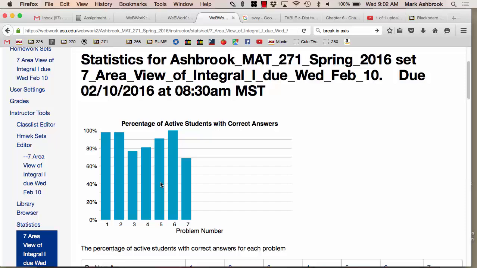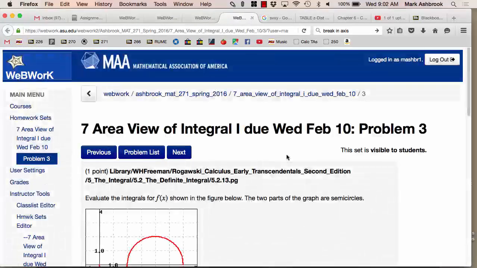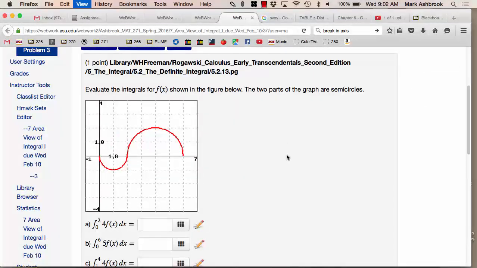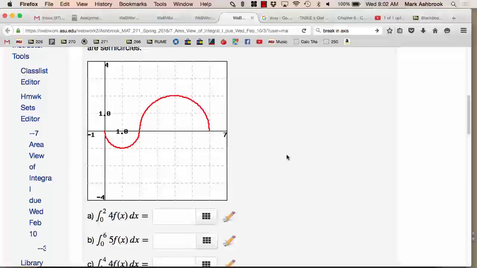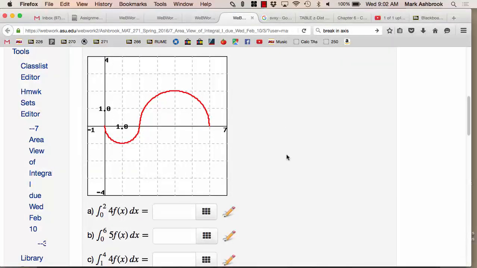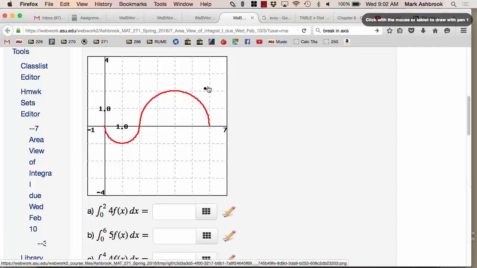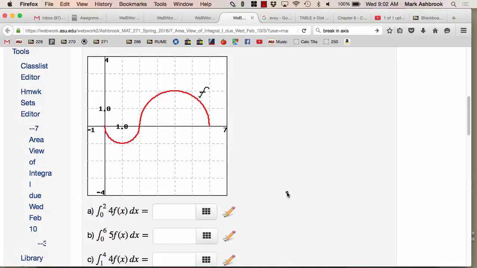Okay, but let's go to number 3. So this is this function f, and we have all these integrals that are related to f. In our perspective of rate of change and amounts of quantities, what would the function f represent?